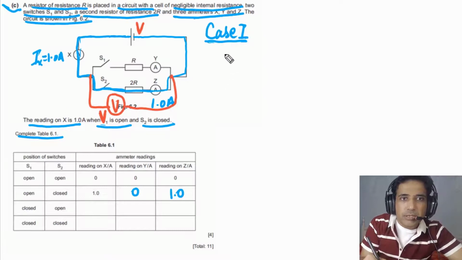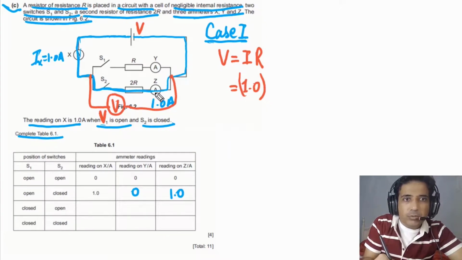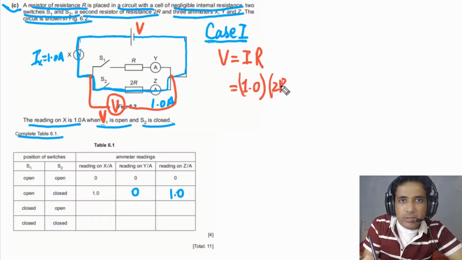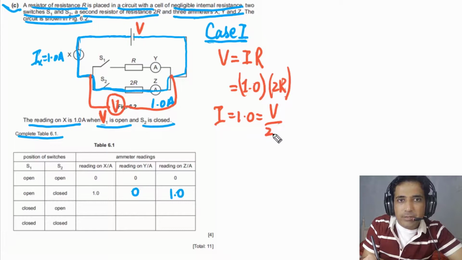So in this case, the current is equal to 1.0 amps passing through this resistor when the resistance is 2R. So from here we can say the current I is equal to 1.0 amps when the potential difference is V and the resistance is equal to 2R. So simply we can write down this is our case 1.